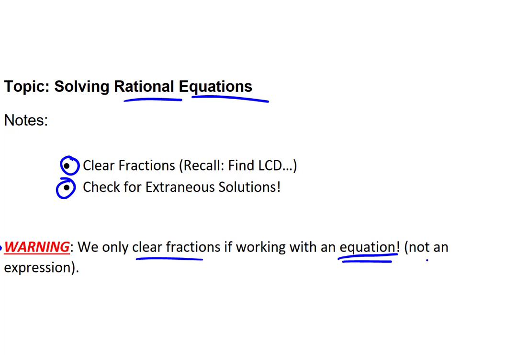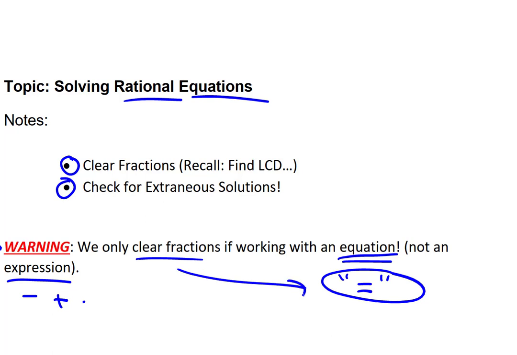So it's all tied together, but it's really easy to gloss over and get lost with all these words, especially when they all start with E. So, for example, we've also been working with expressions, but the difference is that with an equation, you actually have the equal sign showing up somewhere in the problem, whereas with an expression, you do not. You might have minus signs, plus signs, all kinds of symbols, but no equal sign. So when we see an equal sign, that's our clue that we're allowed to clear the fractions.